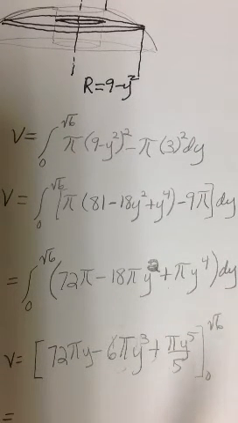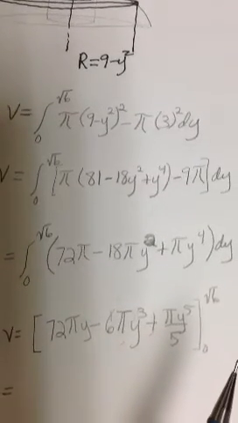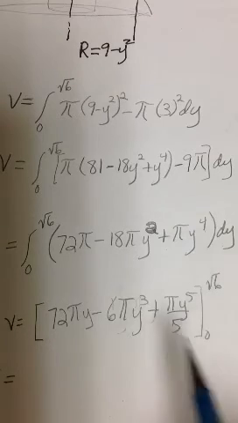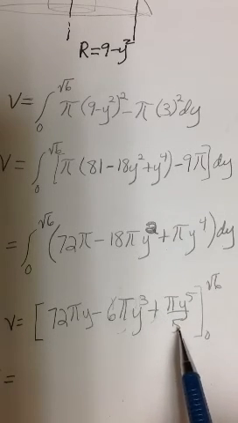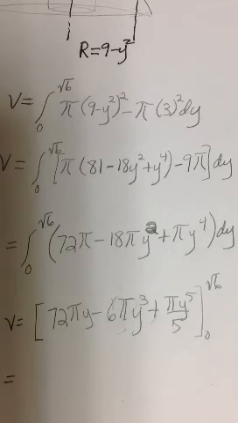In the step that follows, you have the power rule of integration. So we have 72 pi goes to 72 pi y. Negative 18 pi y squared goes to negative 6 pi y cubed. And pi y to the fourth goes to pi times y to the fifth over 5, as y goes from 0 to the square root of 6.